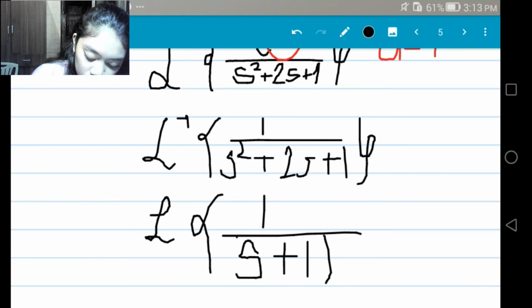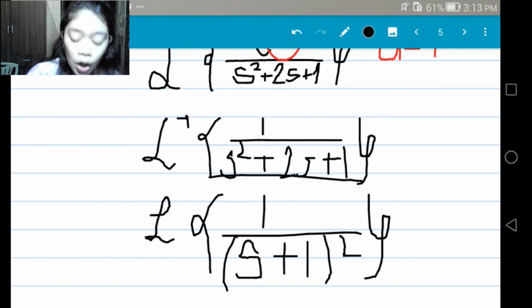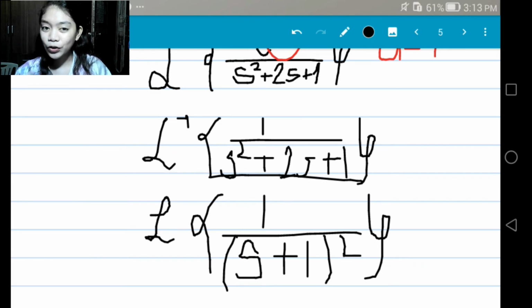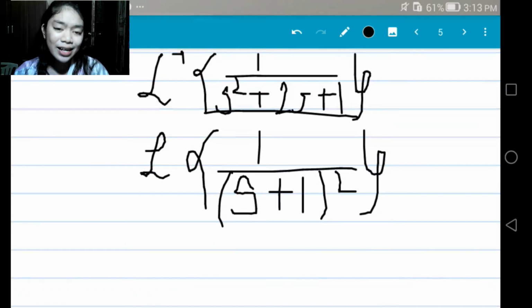If you are wondering why s plus 1 squared, it is because this s squared plus 2s plus 1 is a perfect square of s plus 1 squared. If you expand s plus 1 squared, you will get s squared plus 2s plus 1. So this one is an example of the s translation axis of a Laplace.